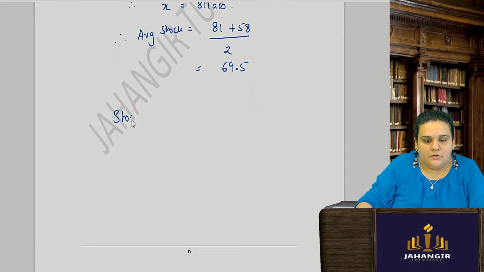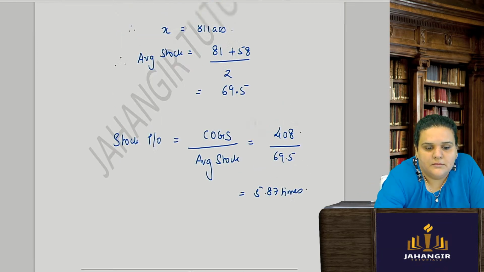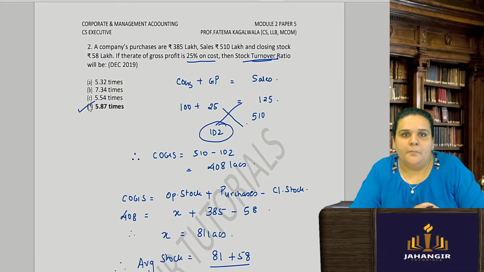Therefore, stock turnover ratio will be equal to COGS upon average stock or average inventory. COGS is 408 and average stock is 69.5. This will come to 5.87 times. Here the answer is 5.87.